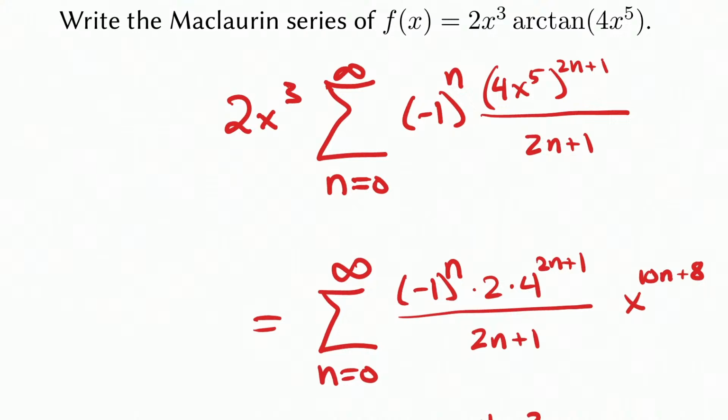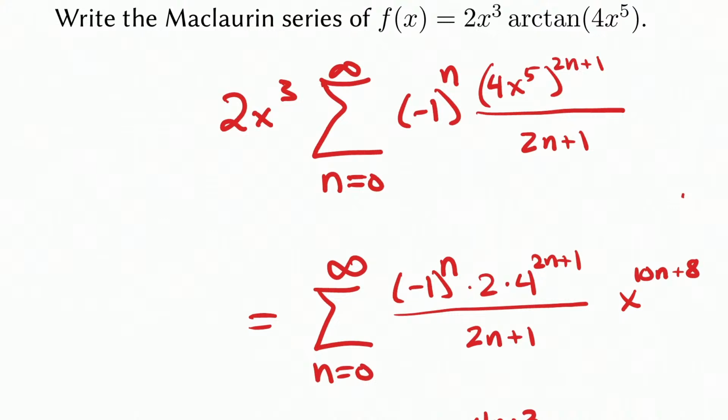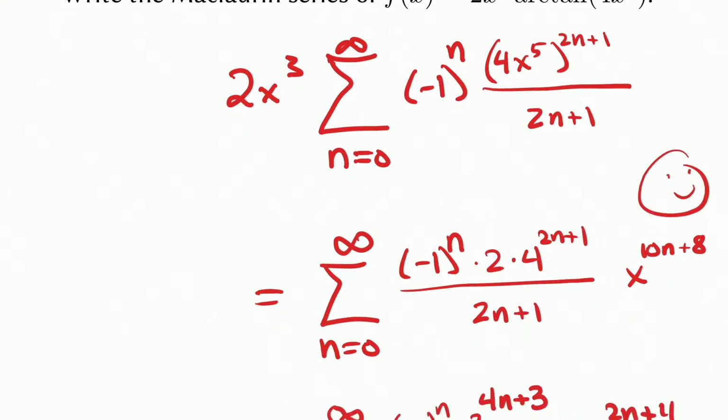But like I said, I got excited about all the 2's. And so to clean things up, I thought it would be cool to take this and change this to 2 to the second to the 2n plus 1, which is 2 to the 4n plus 2, and then combine it with that. Once again, this is unnecessary. If you have this, you're doing great. There we go. We got a little smiley face.